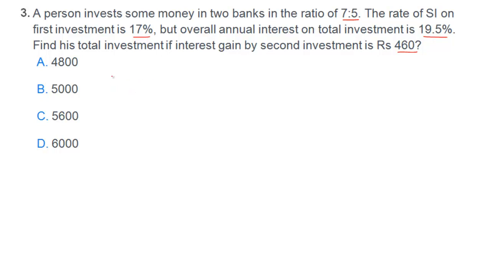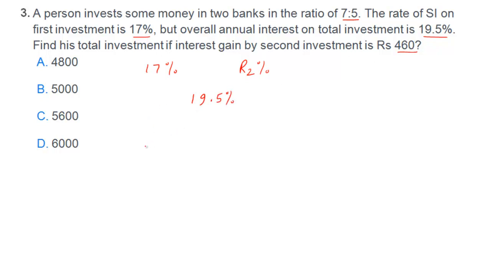So you can apply the alligation rule. Here I am writing 17%, which is the rate at which it is invested in one of the banks, right? And for the second bank we do not know, so that has to be calculated, say R2%. And the overall annual interest on total investment has to be written in the middle, so 19.5%.